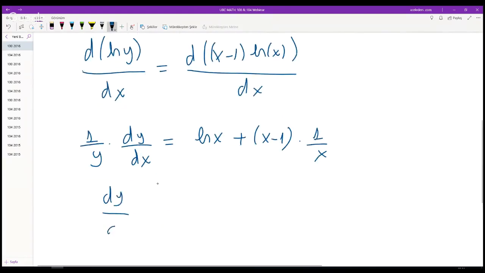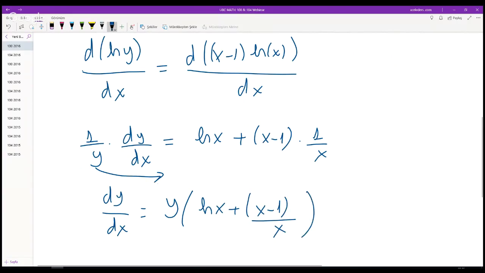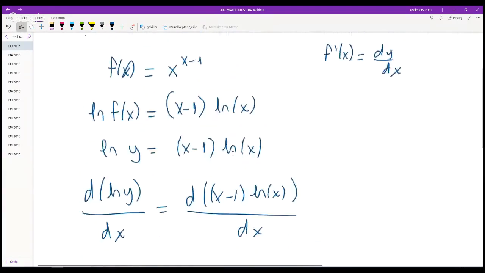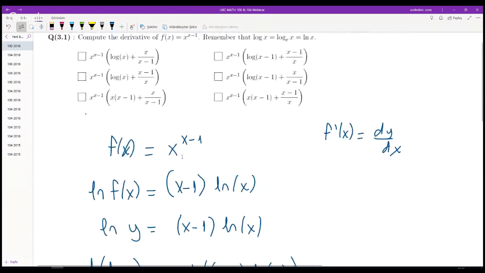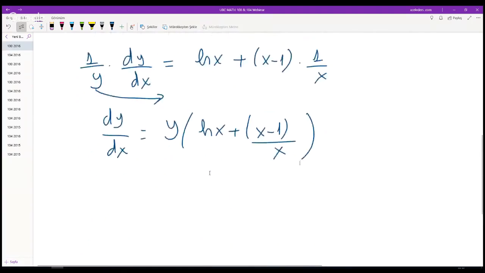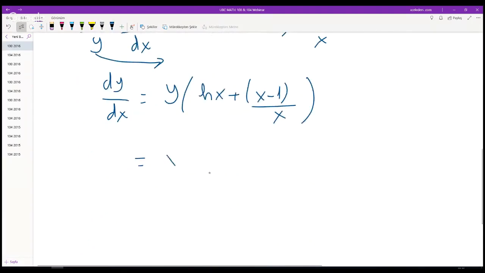And the last thing is dy over dx, so send y here: y times (ln x plus (x minus 1) over x). But I need to replace y with x terms. What is y? It was x to the power x minus 1. So dy over dx equals x to the power x minus 1 times (ln x plus (x minus 1) over x).